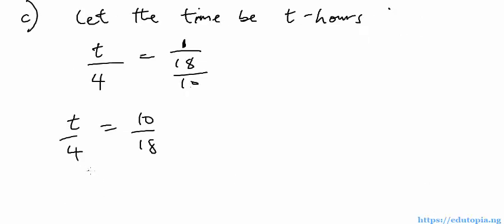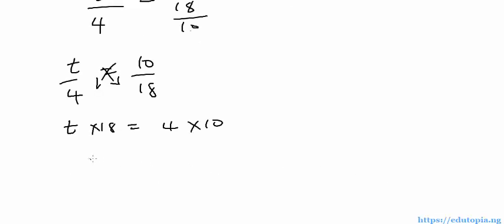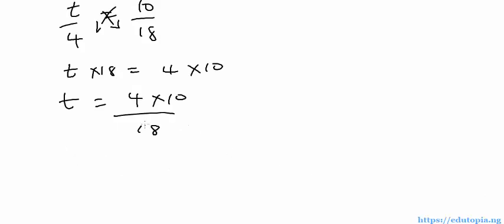We continue from here. We have t over 4 equals 10 over 18. Cross-multiplying: t times 18 is equal to 4 times 10. Then t will be equal to 4 times 10 divided by 18. Now when we solve, dividing by 2 here gives 5, and 2 here gives 9. 4 times 5 gives you 20 over 9.